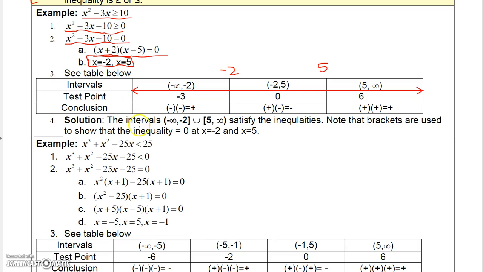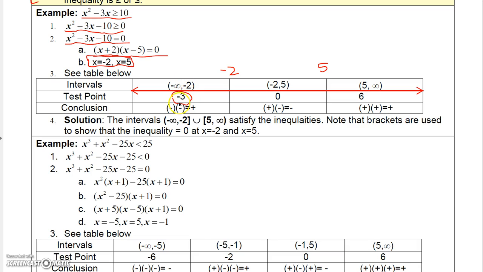Now the function can't change sign unless it crosses one of these critical numbers. So whatever the sign of the function is to the left of negative 2, it's going to have the same sign at every value to the left of negative 2. So I only have to test one value to the left of negative 2.